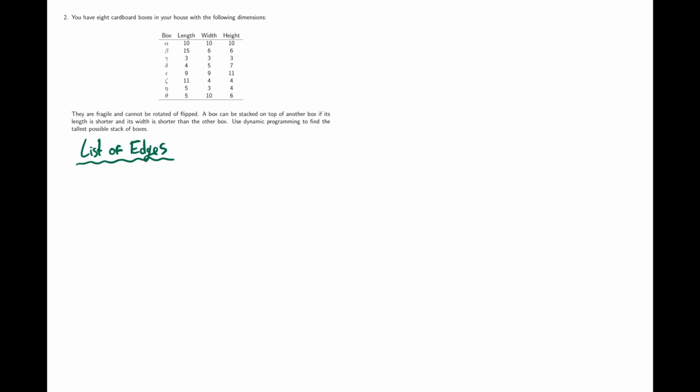Having introduced that extra tabletop node, we can immediately write down 8 edges because any box can be stacked on top of the tabletop.